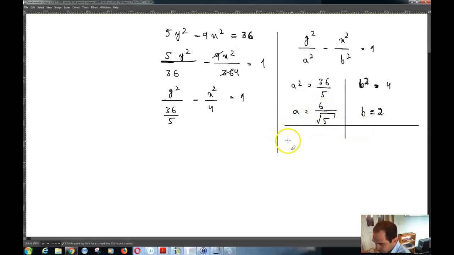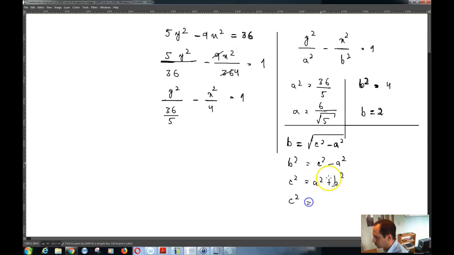Now if I assume that b is equal to the square root of c squared minus a squared, then that means that b squared is equal to c squared minus a squared, and so c squared is equal to a squared plus b squared.